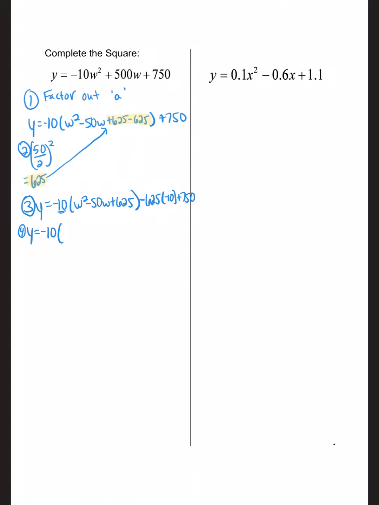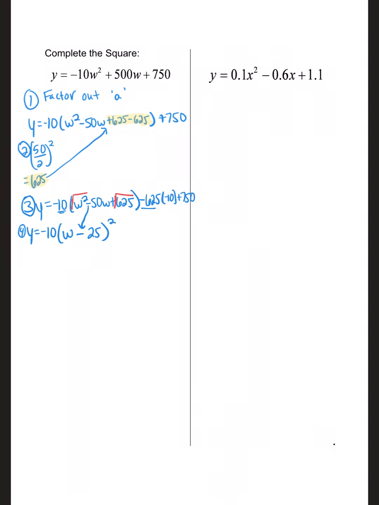So let's factor this w squared minus 50w plus 625. Take the square root of our first term and the square root of our third term. So the square root of w squared is w, and the square root of 625 is 25. And the sign that's in the middle goes in the middle of these brackets. So we'll have w minus 25 squared.